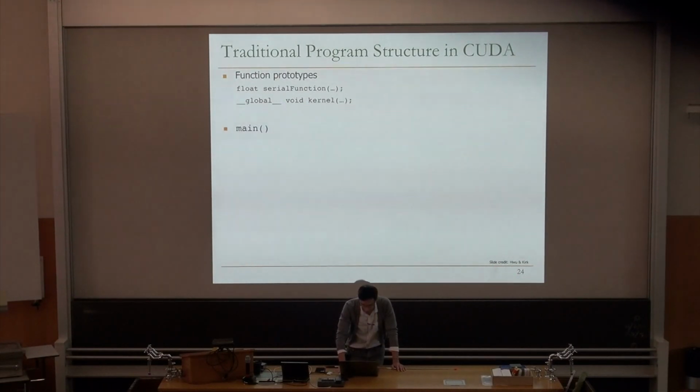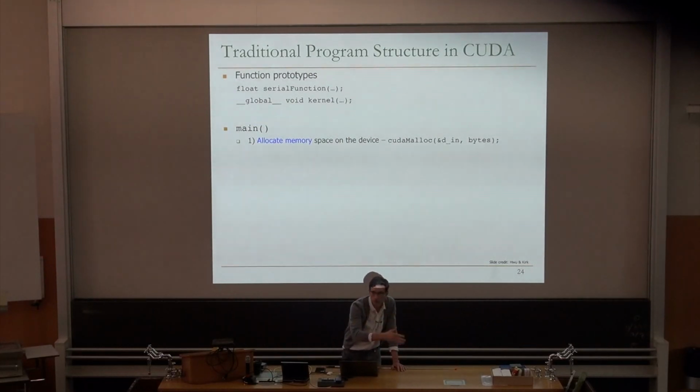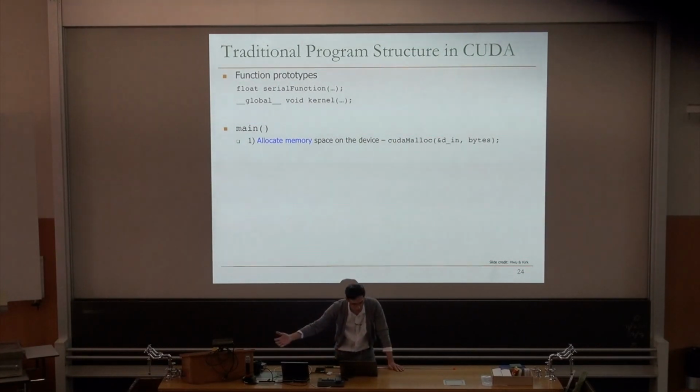Let's say that we start writing a program. We start writing our main function of some C or C++ program, and we want to use the GPU. So the very first thing that we will have to do, after having allocated the memory that we need in main memory of the CPU, is allocating memory on the device memory, on the global memory.